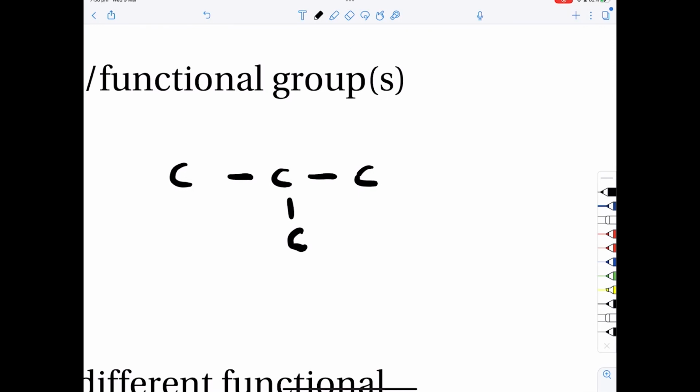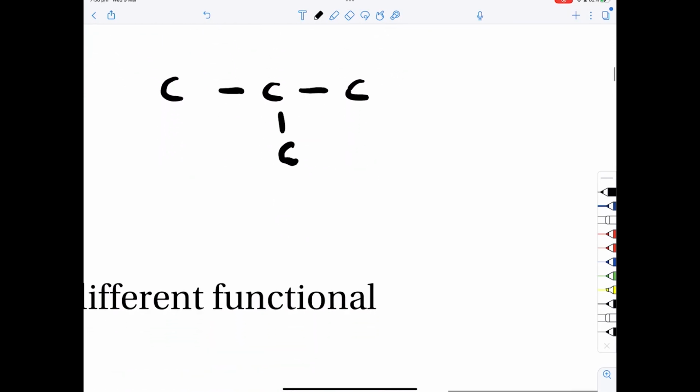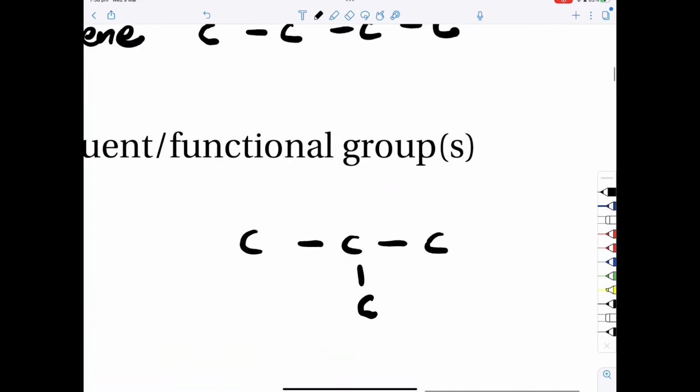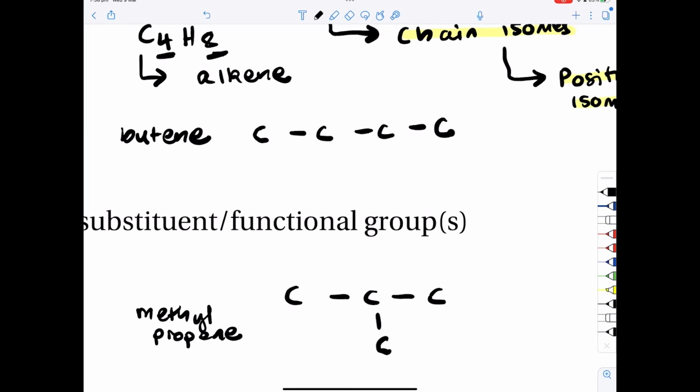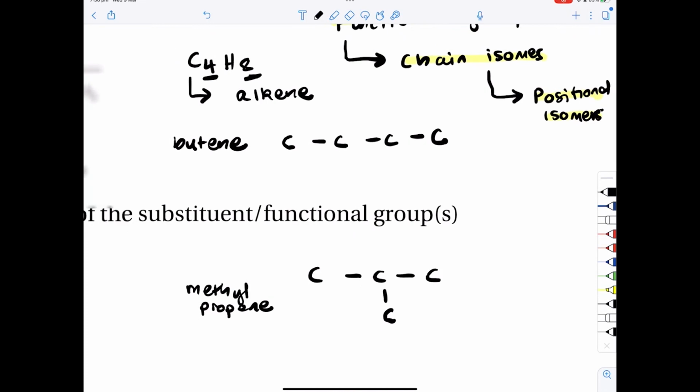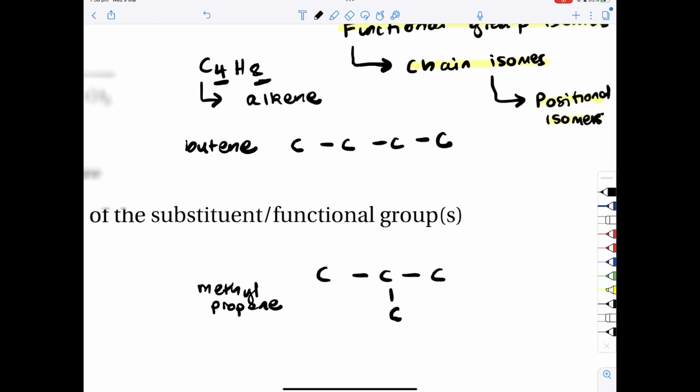Again, above is that butene chain, and then below you have the methyl propene chain. So those are 2 different chains, butene and methyl propene. Since they're 2 different chains, those are the 2 different chain isomers underneath the functional group alkene.